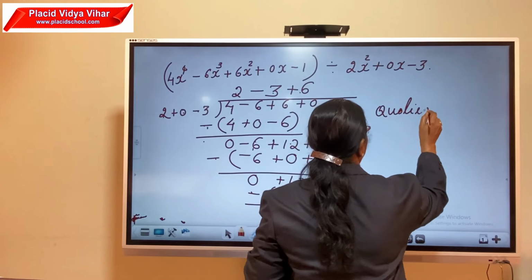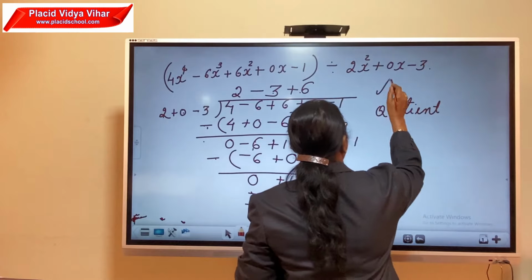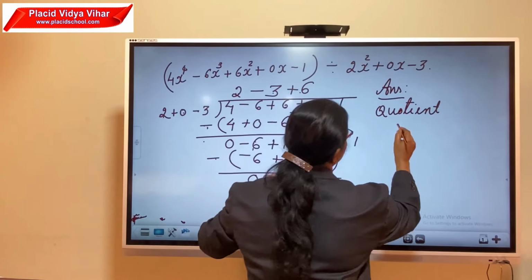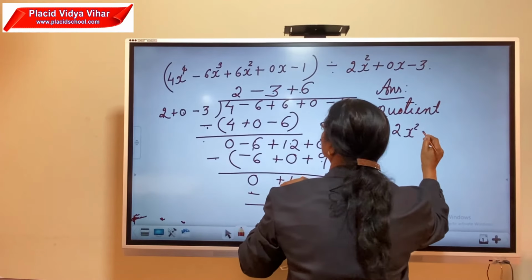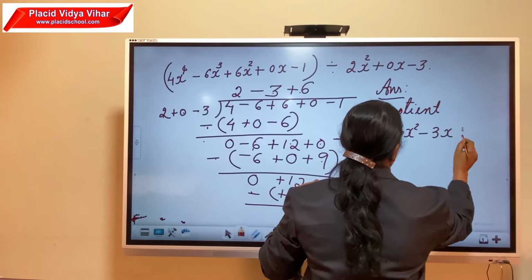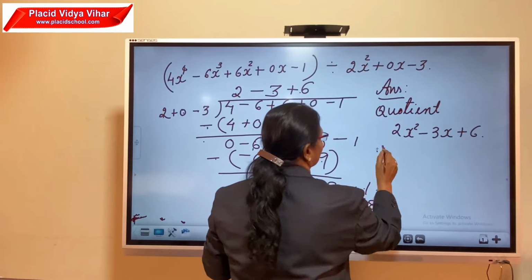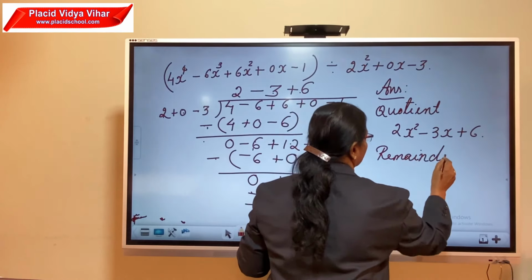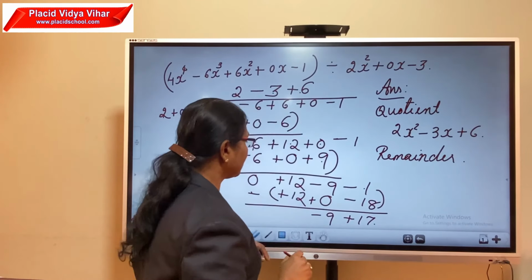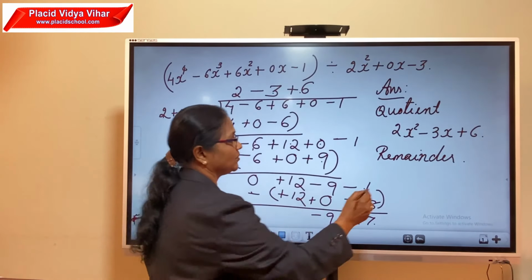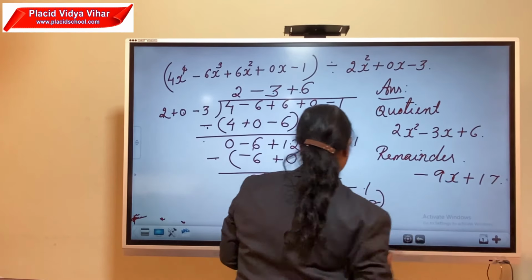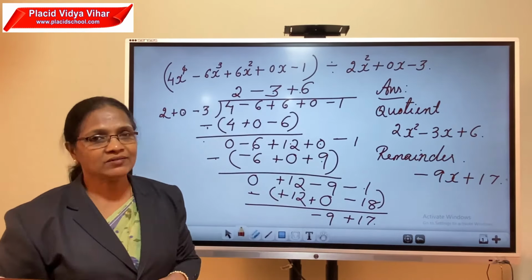Quotient: x squared minus 3x plus 6. Then remainder becomes negative 9x plus 17.